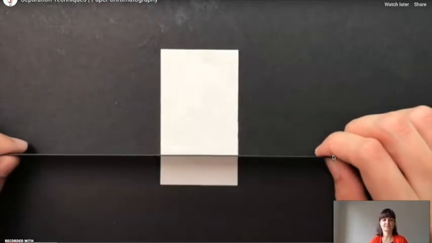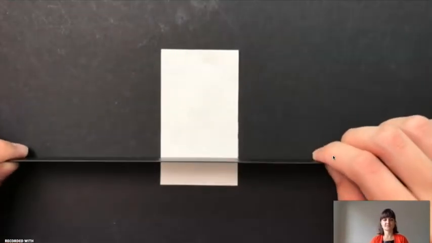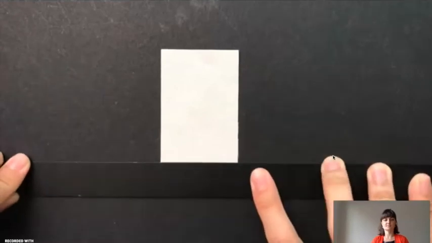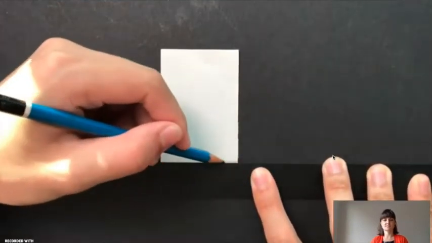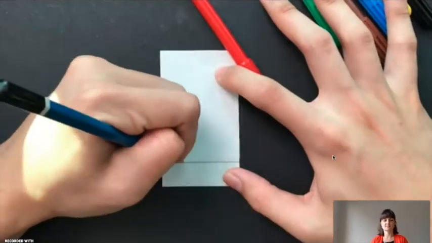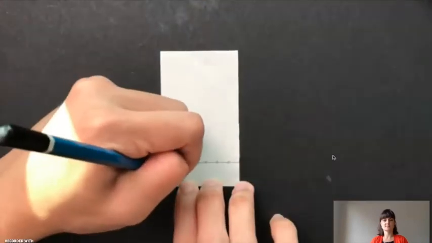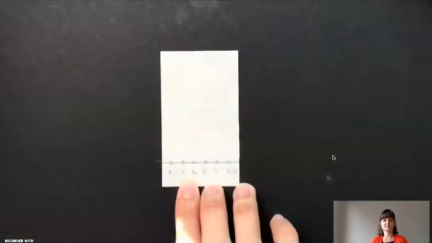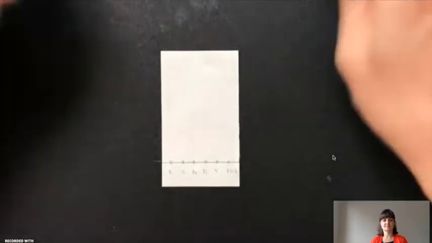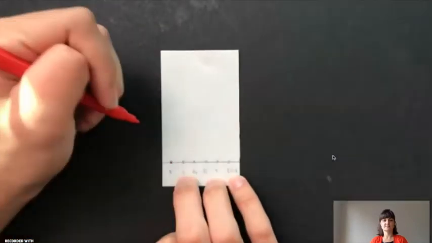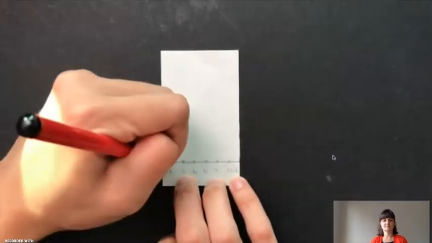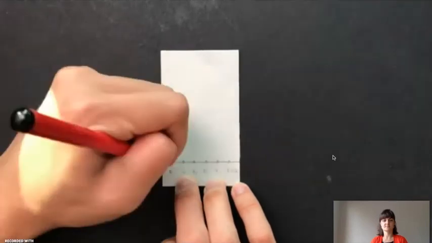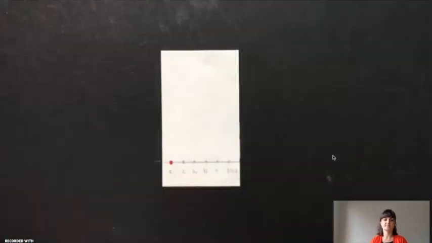Using a filter paper, we first draw a start line about 1.5 centimeters from the base using a pencil. Next, we apply small but concentrated spots of our samples on the piece of chromatography paper.